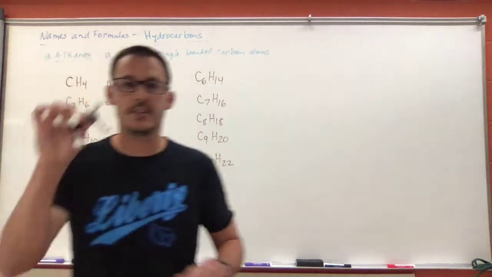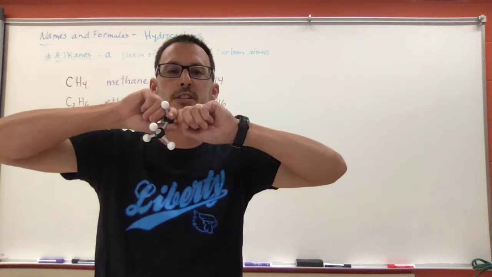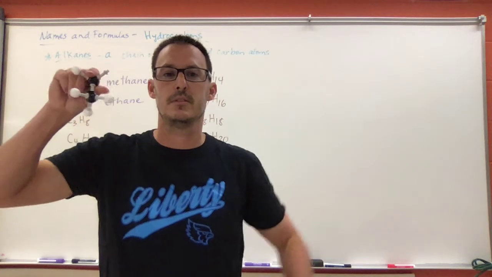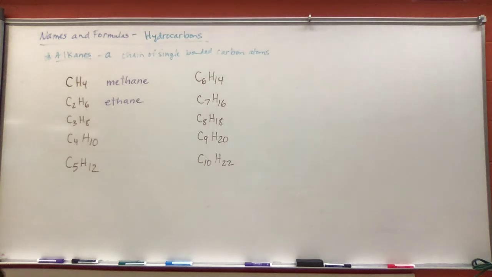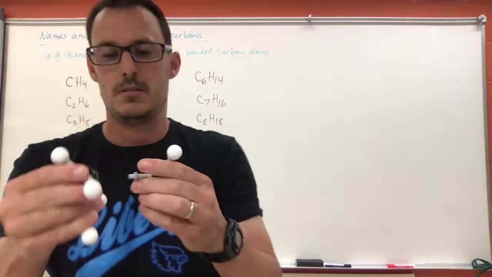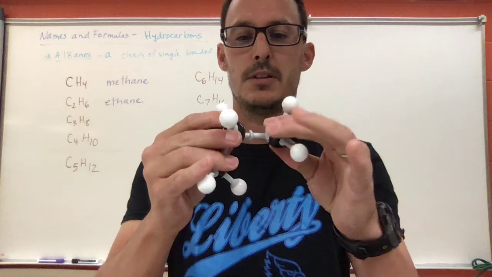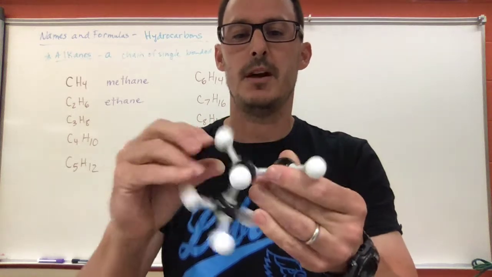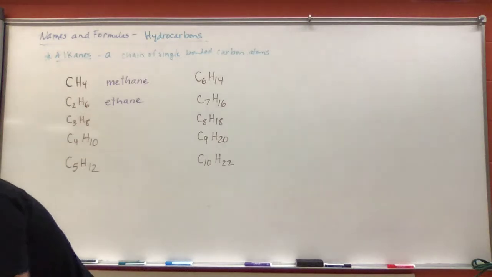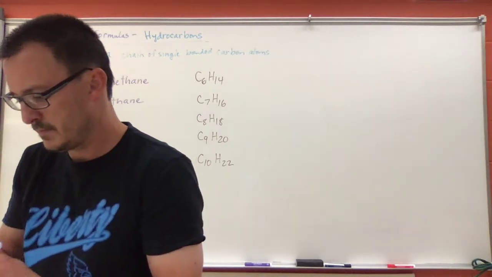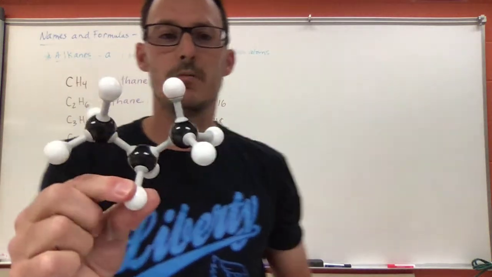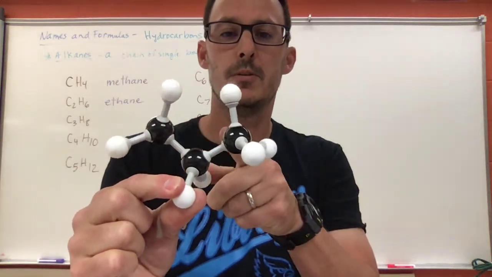The next one, if I were to take off one of the hydrogens and connect it to another carbon, so I have 3 carbons in a row. 1, 2, 3.